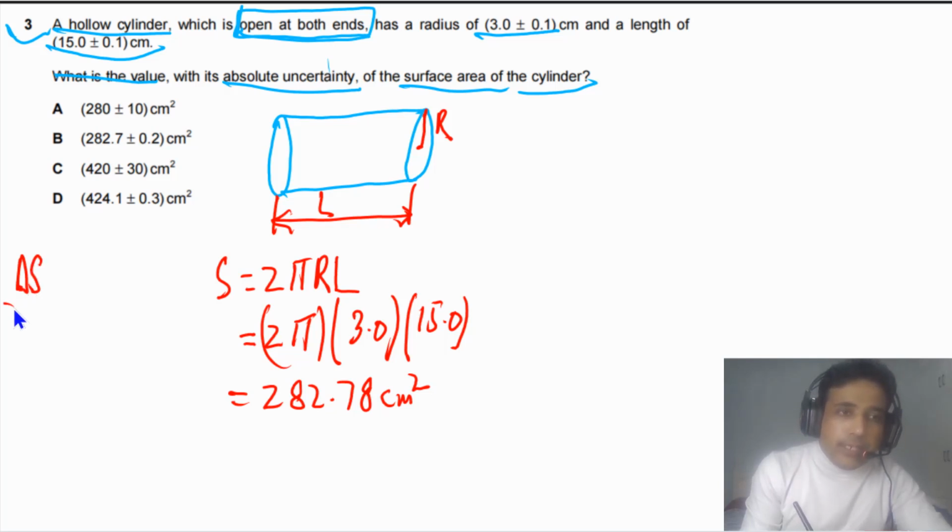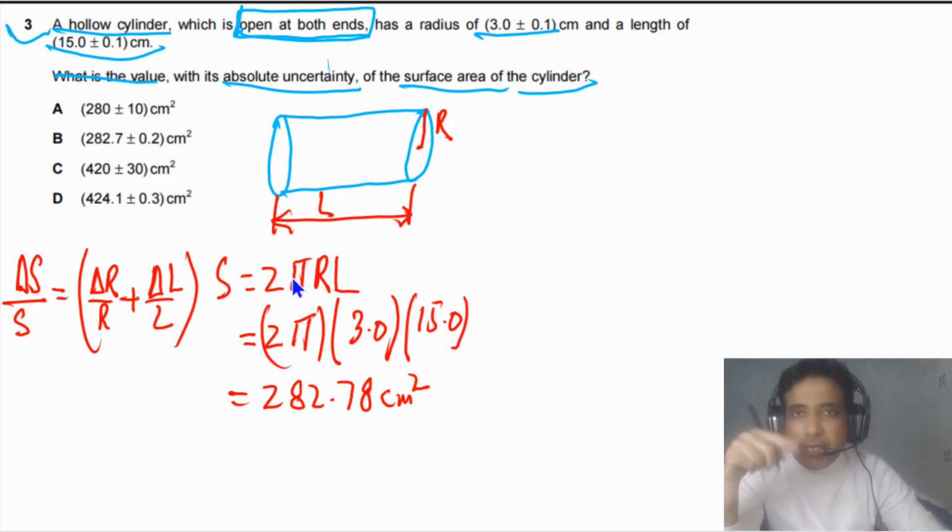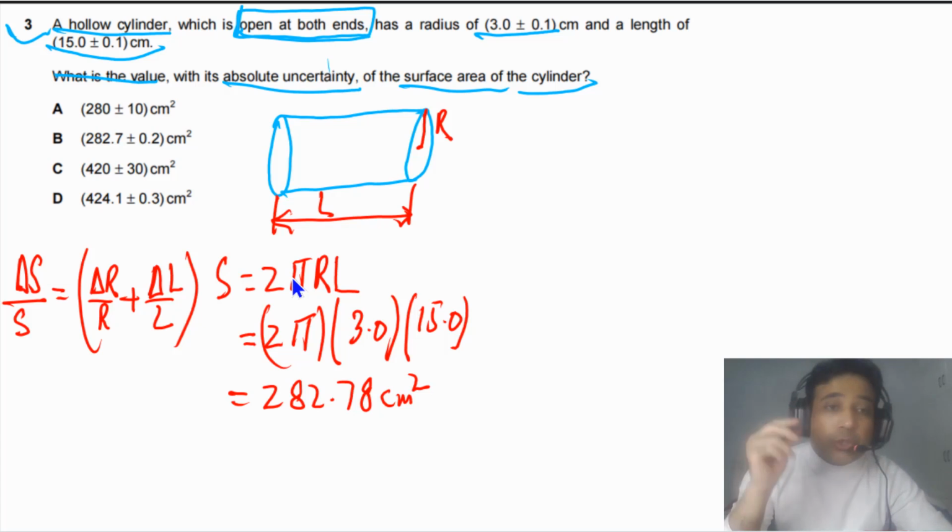So we have delta S divided by S, and this has to be equal to delta R by R plus delta L by L, because when quantities are multiplied and divided, constants have no role in percentage uncertainty because they will be cancelled.